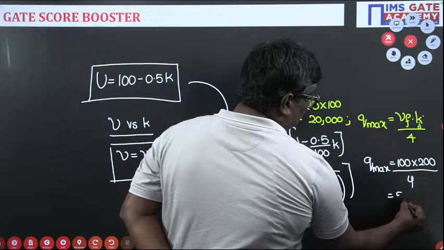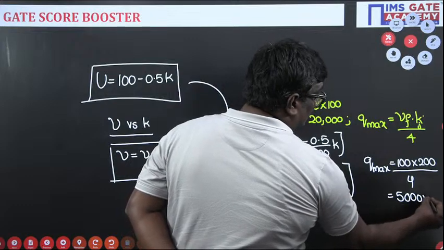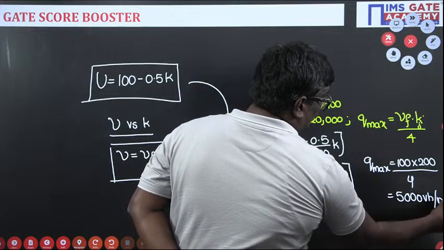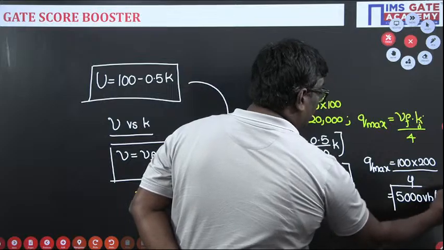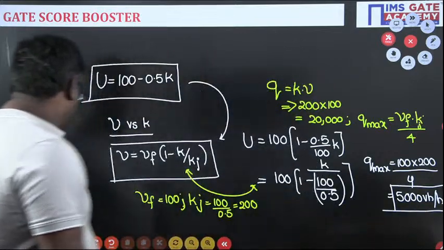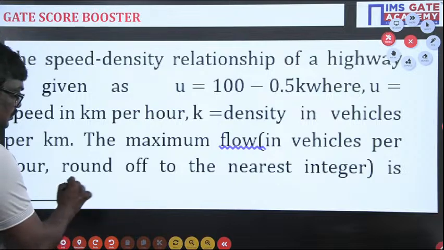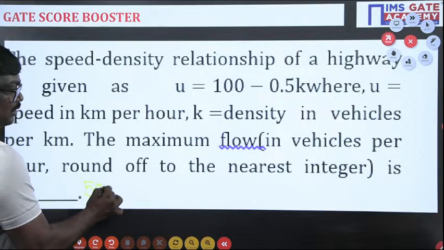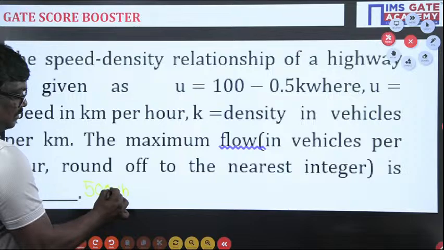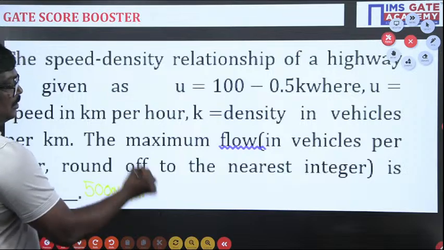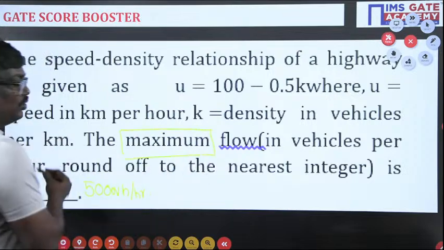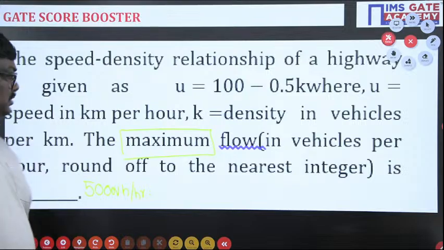That is equal to 5,000 vehicles per hour. So this answer will be 5,000 vehicles per hour, because they have asked you the maximum traffic flow. Okay, is this clear, students?